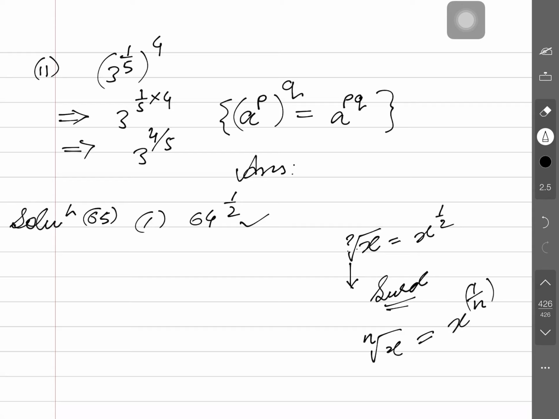This whole expression is called a surd, this is called the index, and this is called the radical sign, or the radicand.